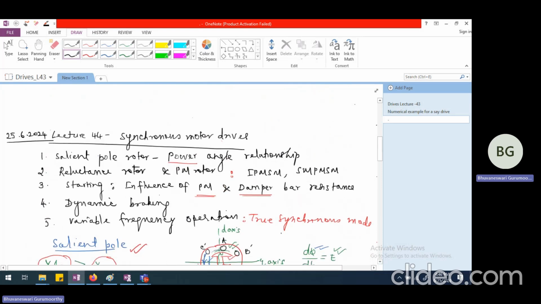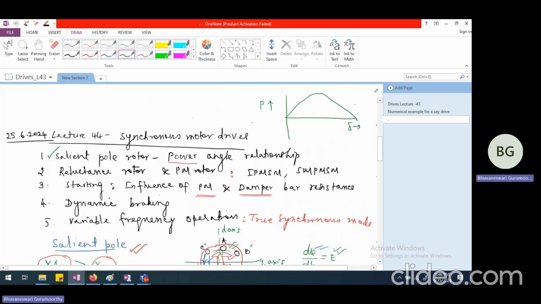So for today's class, I had said the first one I wanted to derive was the salient pole rotor's power angle relationship, which we derived. And if this is the synchronous torque, with respect to delta, how our power or torque is changing.